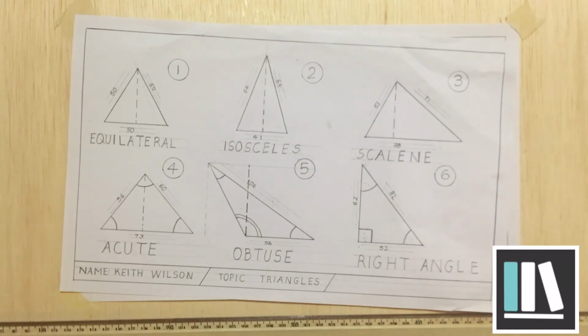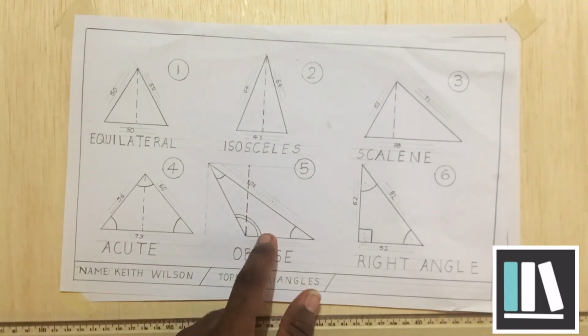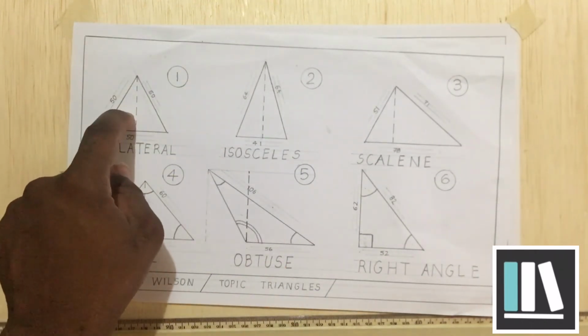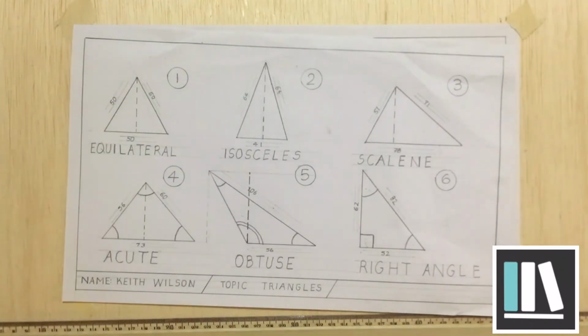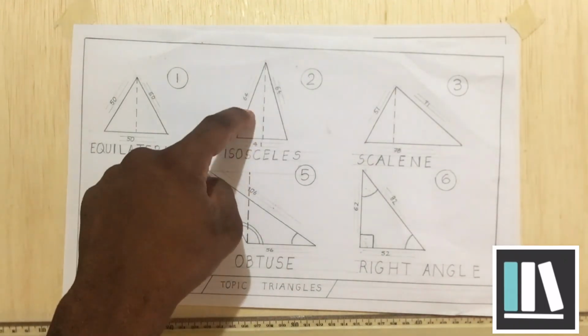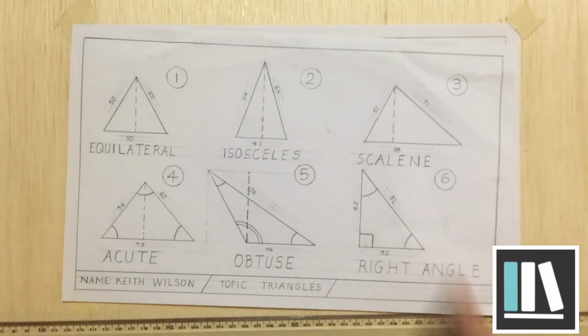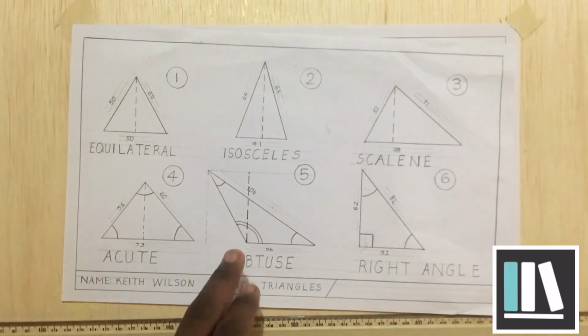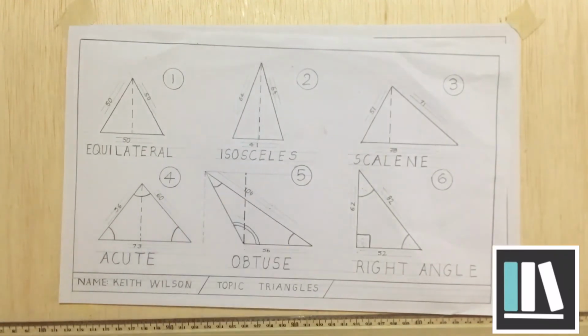So let's do another demonstration. The obtuse triangle can never be an equilateral triangle because equilateral triangles contain 60-degree angles only, which is an acute angle. Now the obtuse triangle can be an isosceles triangle or it can be a scalene triangle. In this case, it is a scalene triangle because none of the sides are equal.